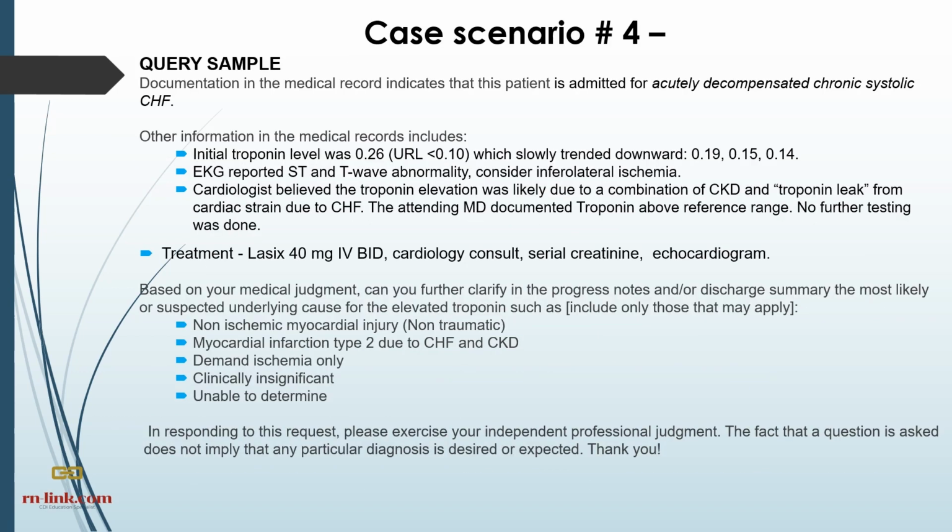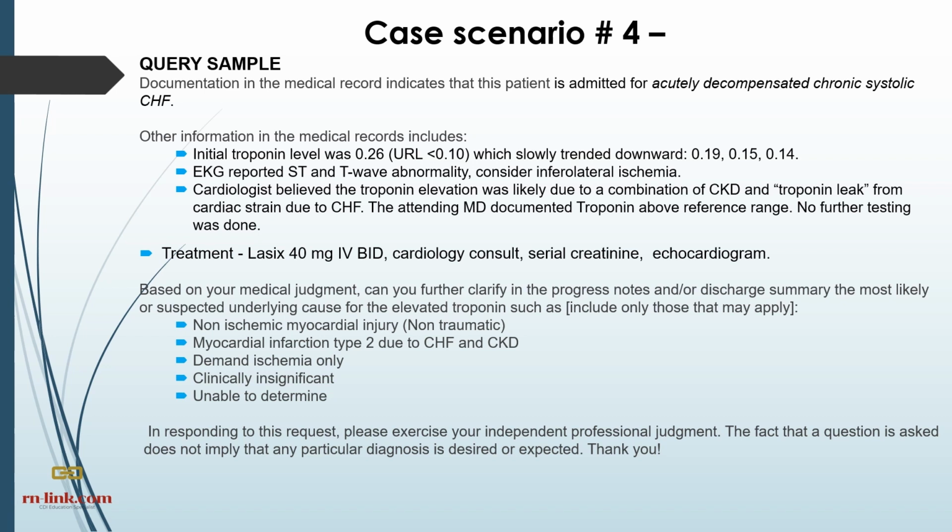Documentation in the medical record indicates that this patient is admitted for acutely decompensated chronic systolic CHF. Other information in the medical records includes: initial troponin level was 0.26, URL less than 0.10, which slowly trended downward: 0.19, 0.15, 0.14. EKG reported ST and T-wave abnormality, consider inferolateral ischemia.